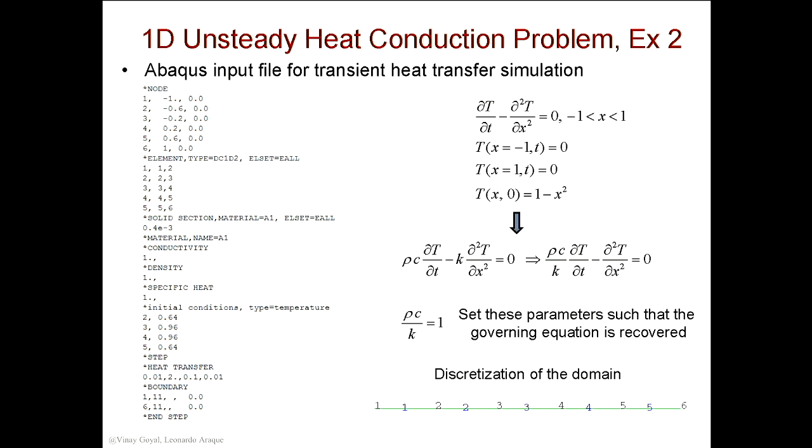You can check it. For the element connectivity, I use this element here in Abaqus, which allows you to model conduction along a bar. For element 1, the connectivity is 1, 2. Element 2 is 2, 3, and so forth. I selected a cross section, although I don't think it matters what cross section you select for this problem.